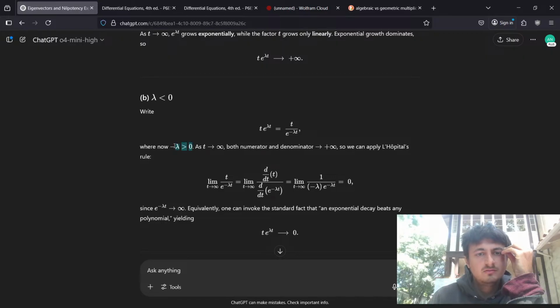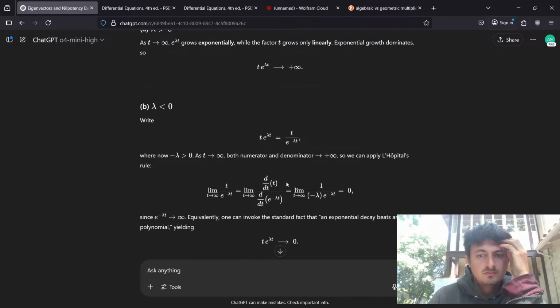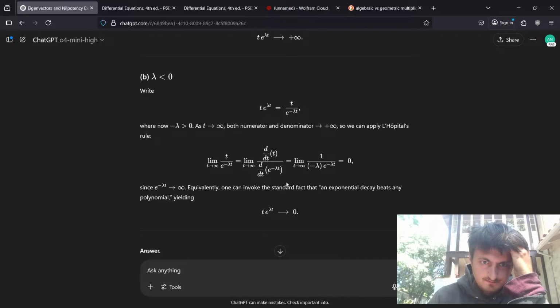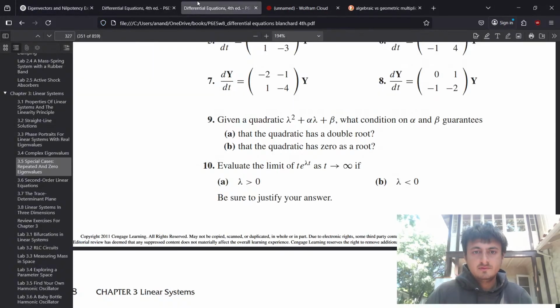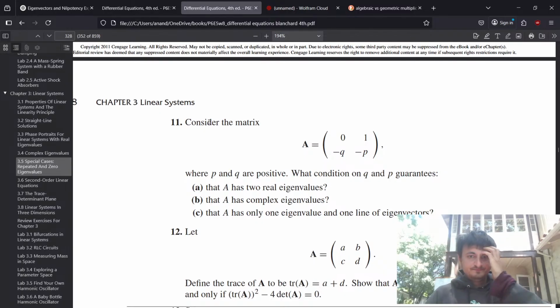Wait, what? For part B, use L'Hôpital, you get 1 over minus lambda e to the minus lambda t, which goes to 0. Okay, that one's fine. All right, problem 11.